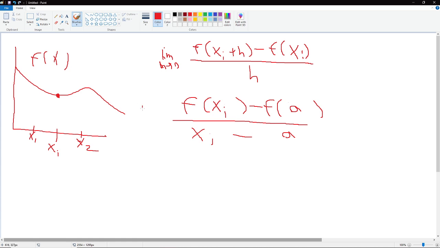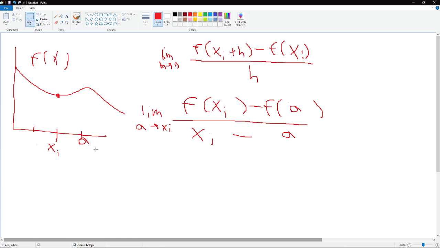And then we could take the limit as a approaches 0. Oops, sorry, this is wrong. We're taking it as a approaches xi.